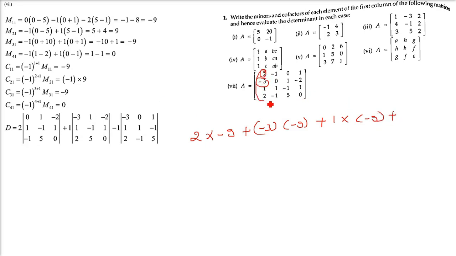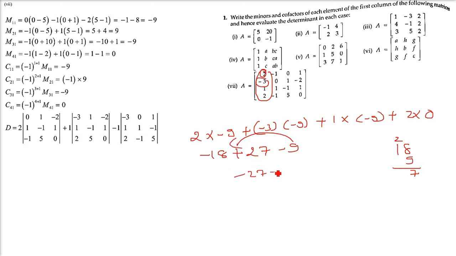I'm opening it with the first column, 2 into 0. So minus 18 and 9 is 27, that will be positive 27, then we have minus 9 here, so it will be 18, 27 minus 27 is 0, so the determinant will be 0 here.